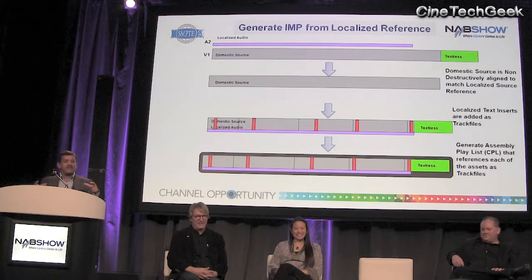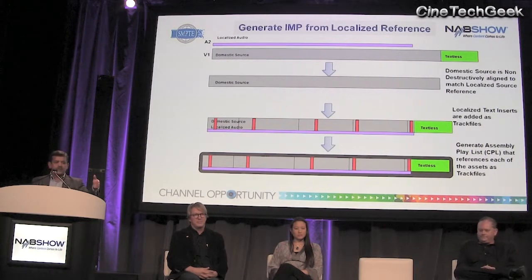Once we have the entire rebuilt localized version, we can abstract all of that work into a simple playlist, a simple recipe, which indexes where I want to play part A, specifically the domestic source, then jump into the localized insert, then come back to the domestic source.